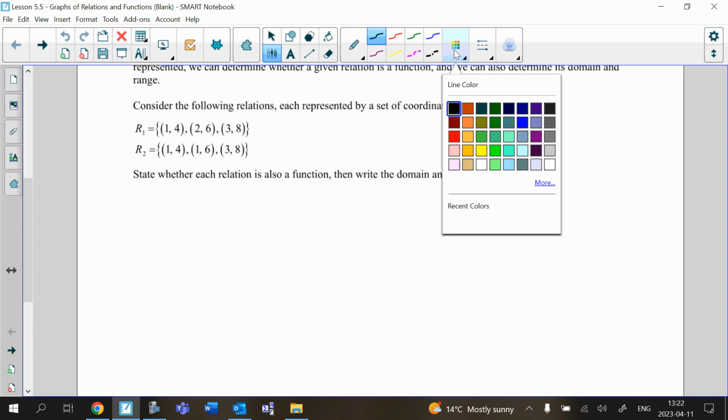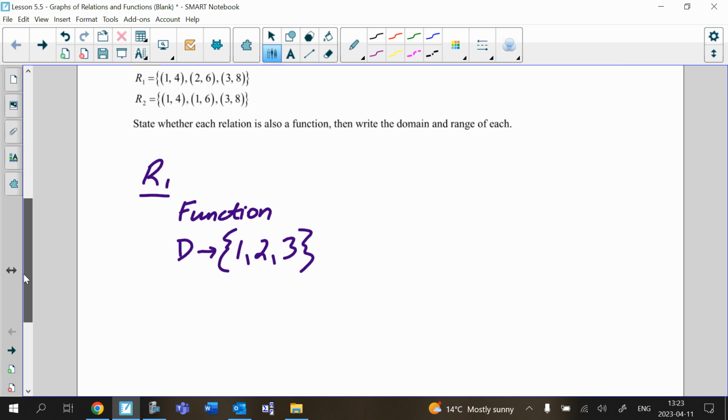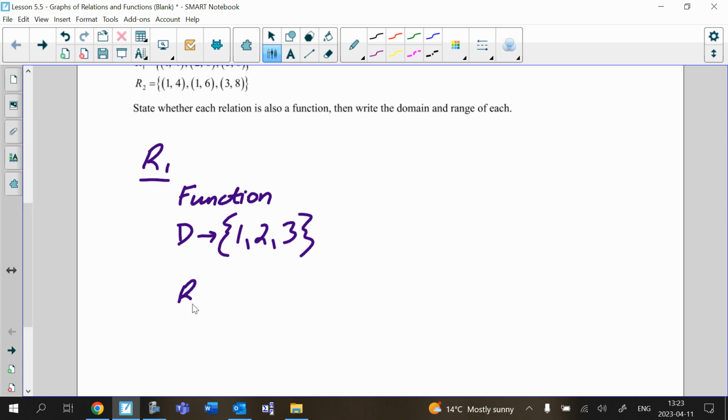Yes, it is. What is the domain? 1, 2, 3. What is the range? 4, 6, 8. Good.